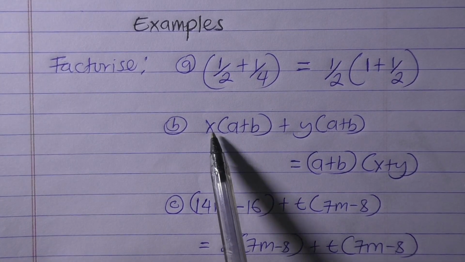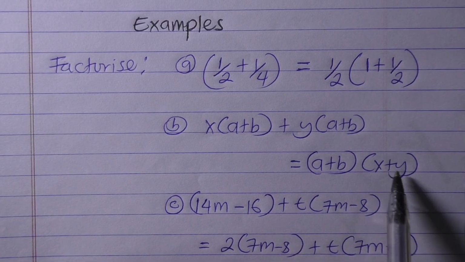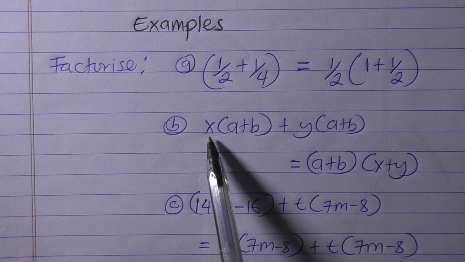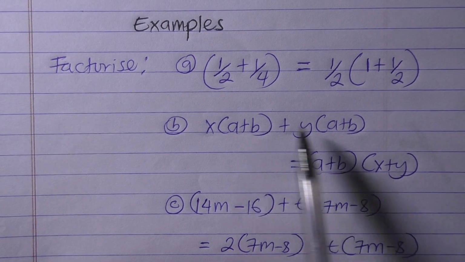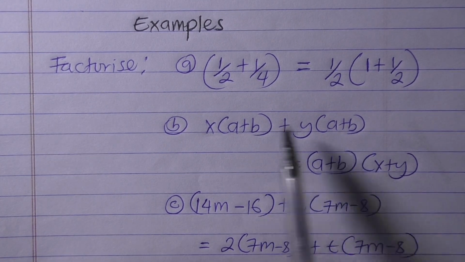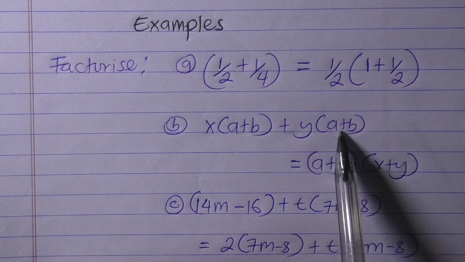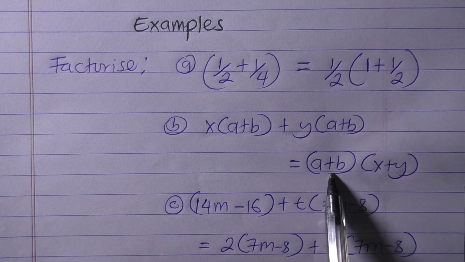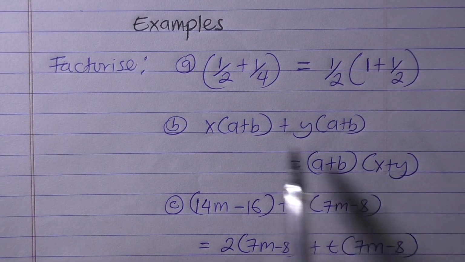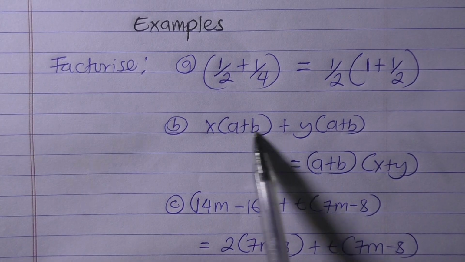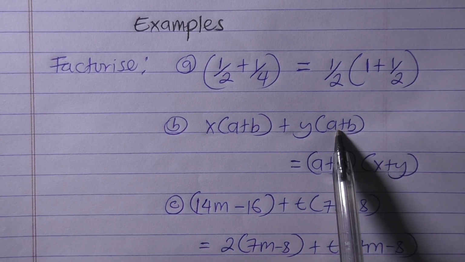That is to say, we shall create a bracket of x plus y, these terms outside. Then we just take one of the two. Since these are similar brackets, we take one of them and it multiplies our created bracket. That is how we simplify when we have such expression with similar brackets.